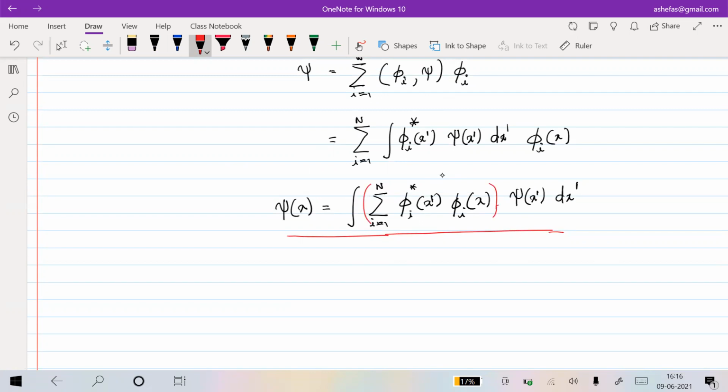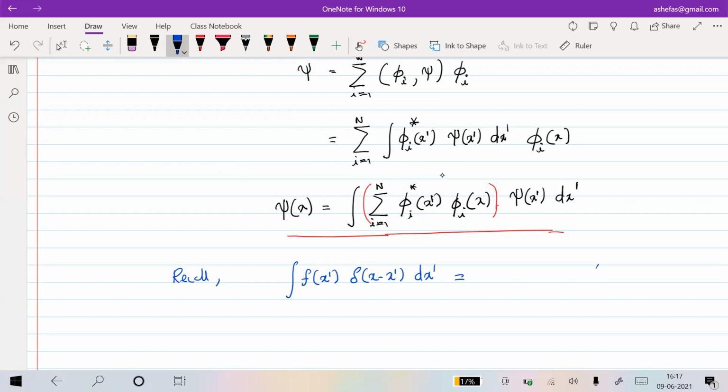So what about this quantity? We can just recall the definition of the Dirac delta function. If you integrate f of x prime times delta of x minus x prime dx prime, what will you get? This Dirac delta function is 0 whenever its variable is non-zero.